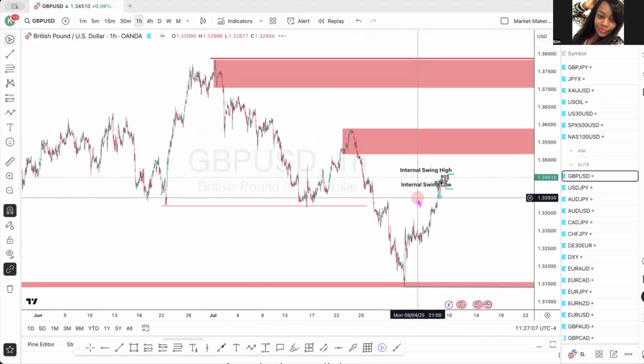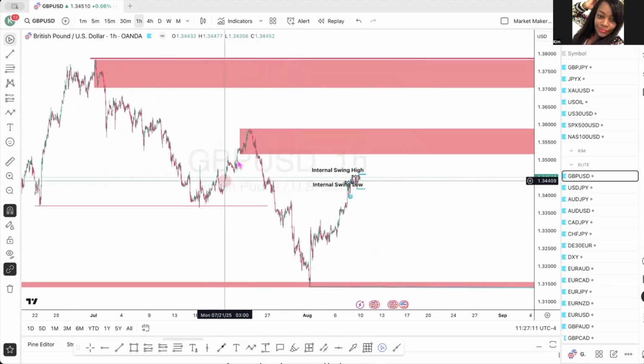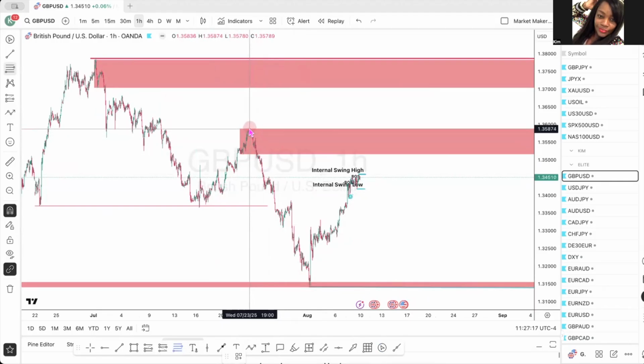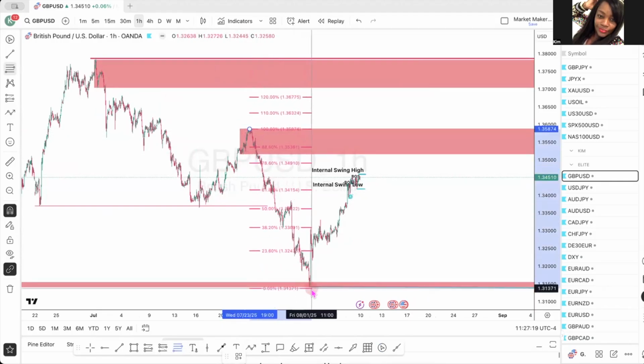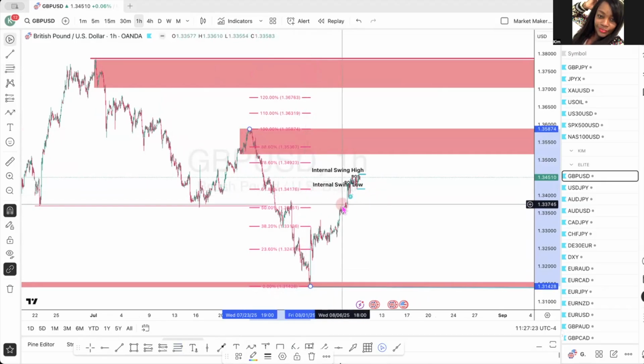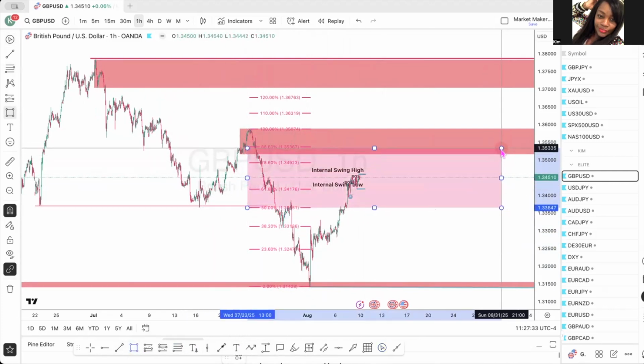Now, with that being said, we have this higher time frame structure here. So if we fibbed this move down, price is in the premium zone, right? So anywhere from here to here is the premium zone.